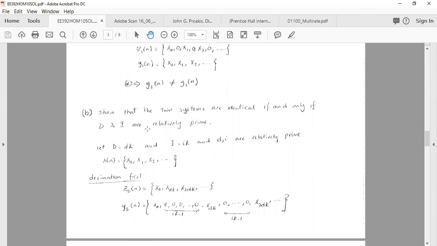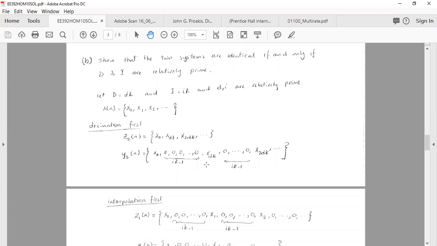So let D be equal to dk, and I be equal to ik, and d and I are relatively prime. The sequence that we have on hand is x of n, which has x naught, x1, x2, and so forth.